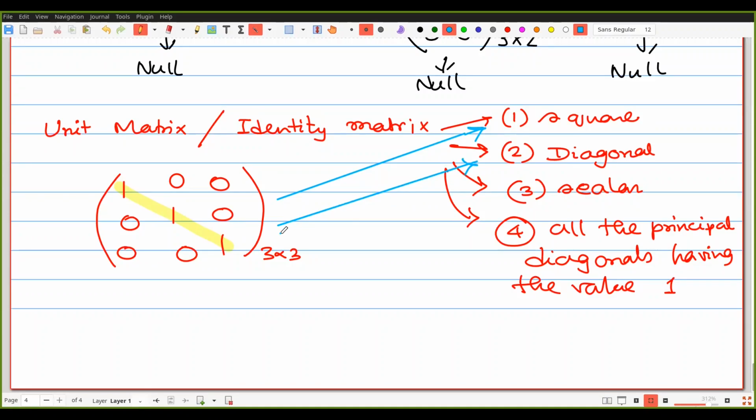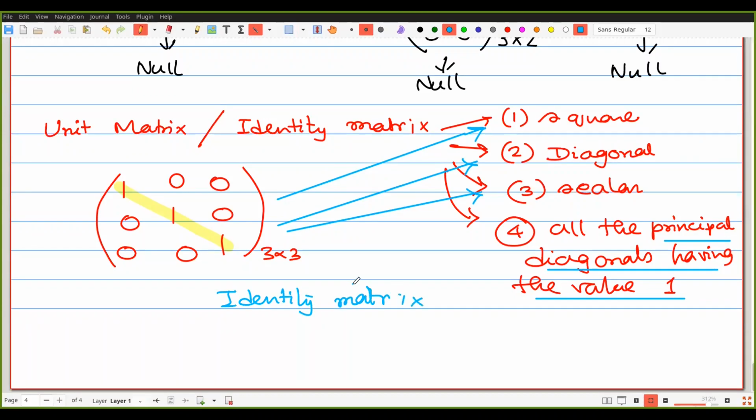Third, all the principal diagonals have the same value, so it is also a scalar matrix. And all the principal diagonals have the value only 1. So all are 1 1 1. So that is called an identity matrix or unit matrix.